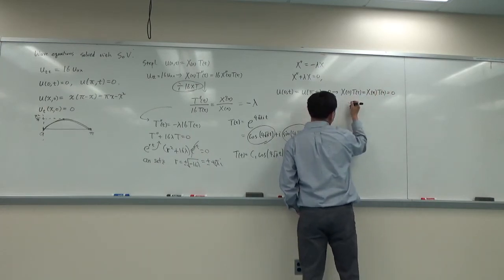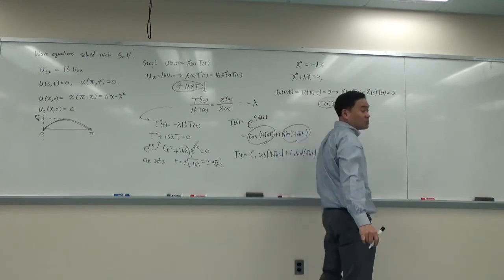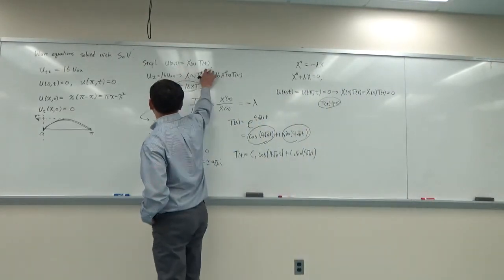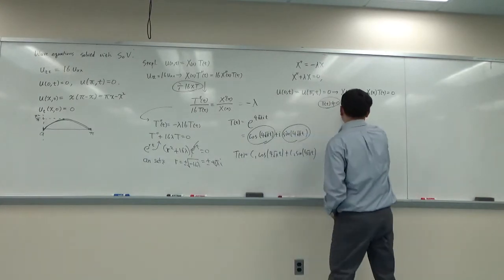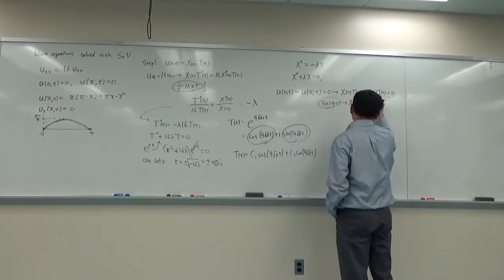But since T(t) is non-zero, we don't want this to be 0 because if that is so, then u just becomes a trivial solution, and we're looking for non-trivial solutions, right? So we use that to say that X(0) and X(pi) are both equal to 0.